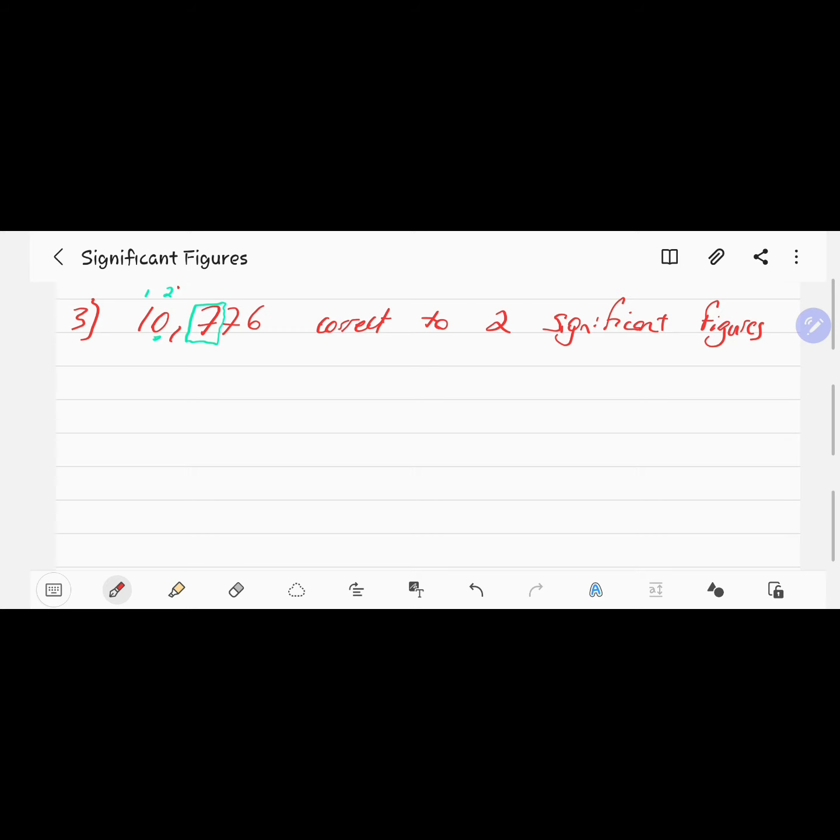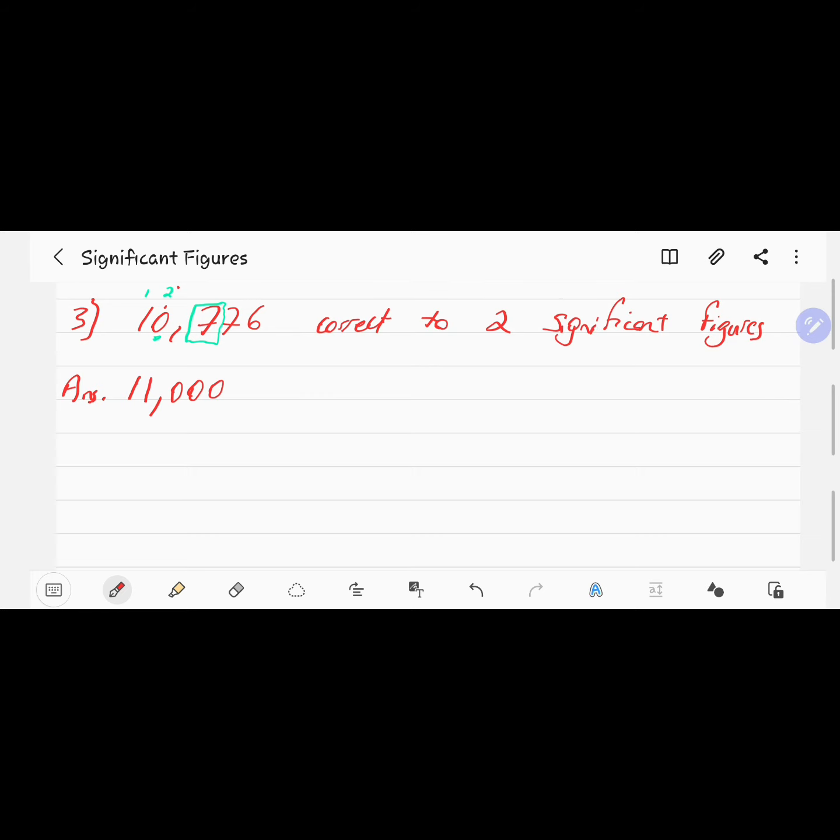We're going to add 1 to this place right here. So it now becomes 11,000. And because it's two significant figures, we have to drop these digits at the end and put zeros for the placeholder. So 11,000 now becomes our answer.